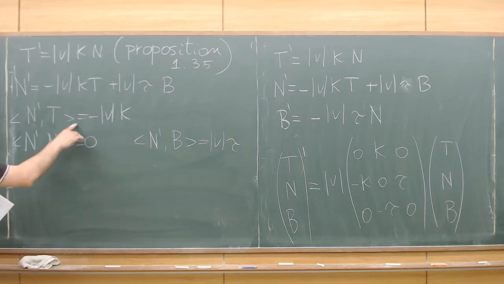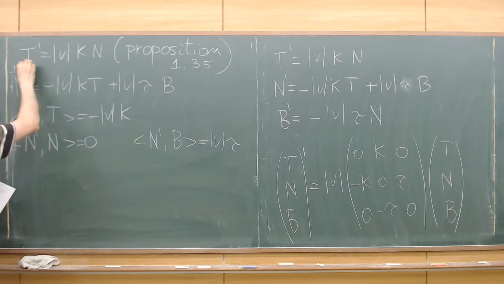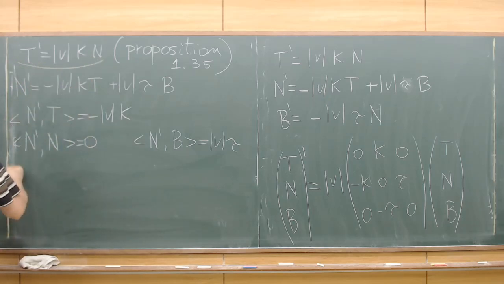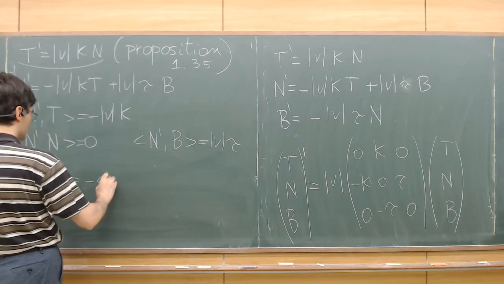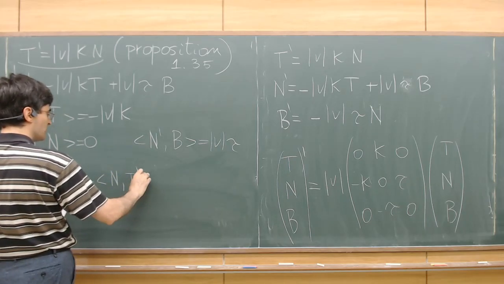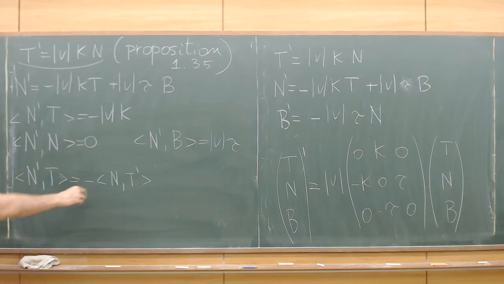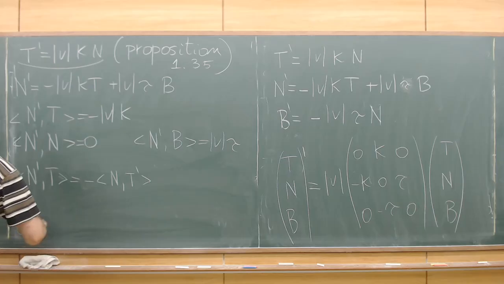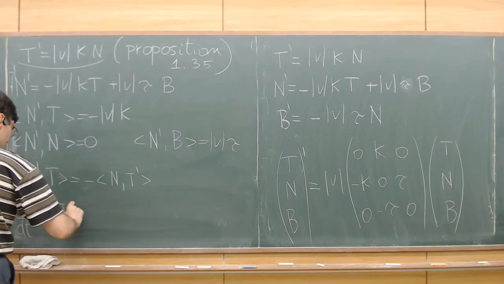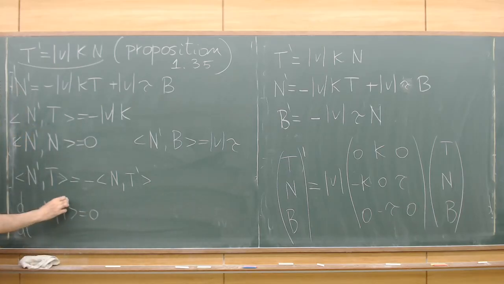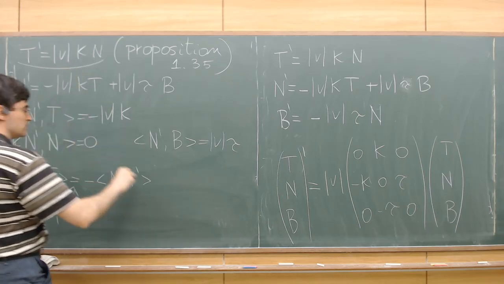Okay, let's start from this one. This one follows from this one. Why? Because n prime t is minus n t prime. This follows from the fact that d/dt of n multiplied by t is 0, and t prime is given by this formula.